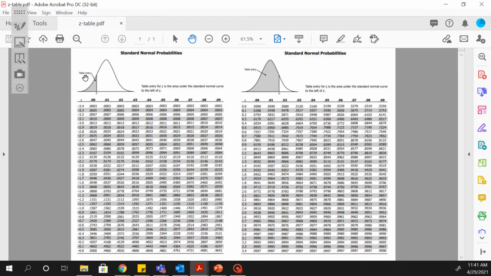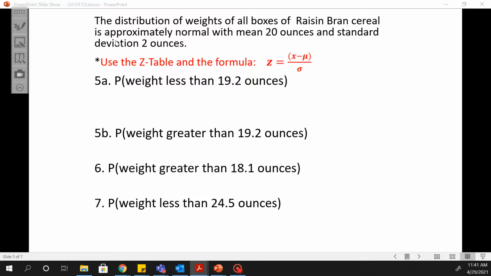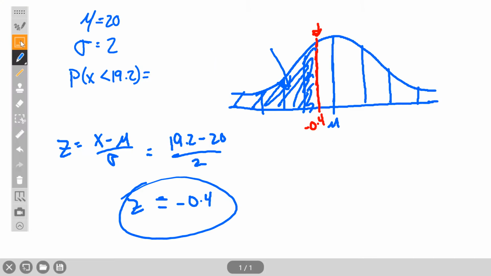Okay, so right here, negative 0.4, we get 0.3446.